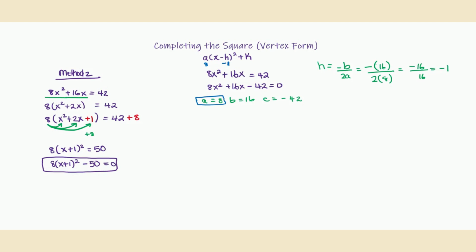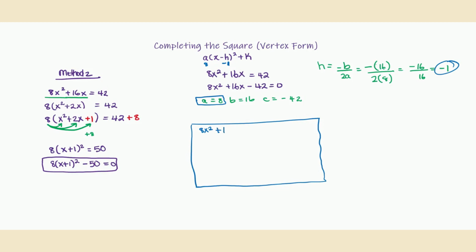Finally, k is what we get when we plug h into the function. So we're going to plug negative 1 into the function, 8x squared plus 16x minus 42. We're going to keep in mind that x is negative 1. So 8 times negative 1 squared plus 16 times negative 1 minus 42.